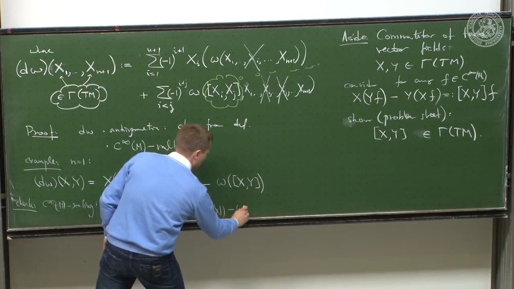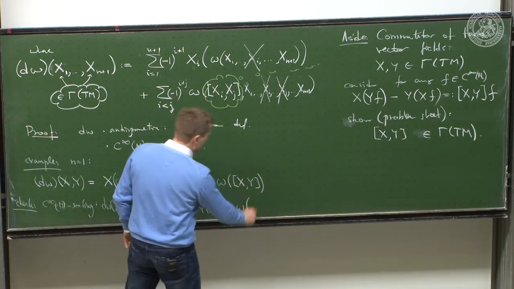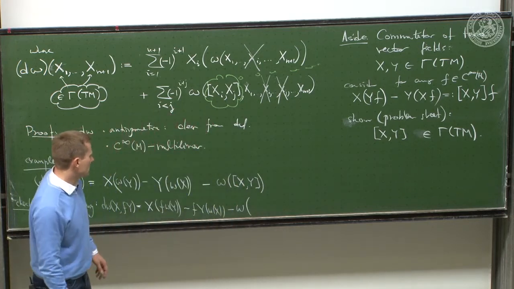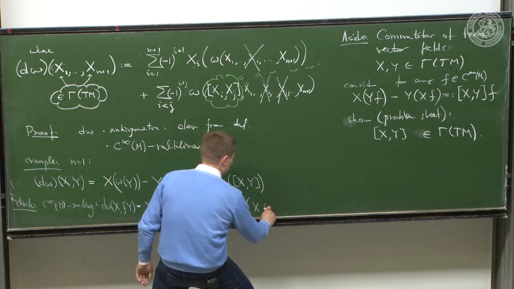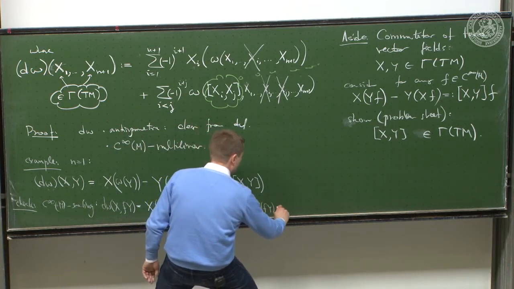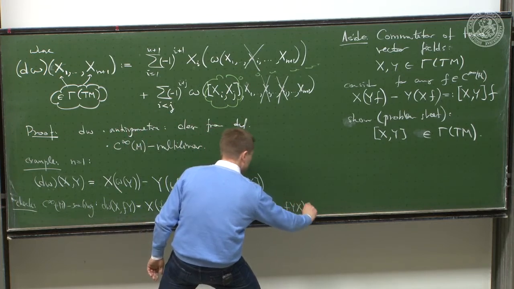Now here we need to work a little. It's omega, and now it's the commutator of X and fY. And there is an f in here in between. So how does that look? Well, that's X acting on fY minus fY acting on X.